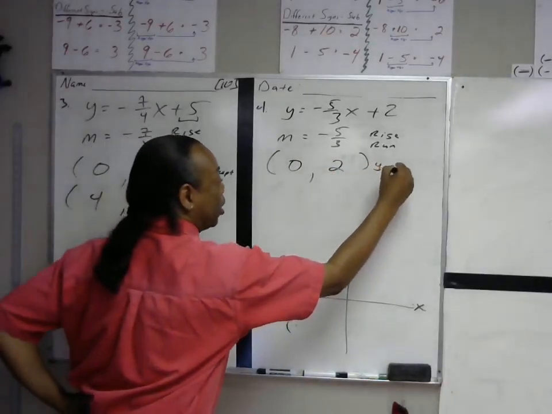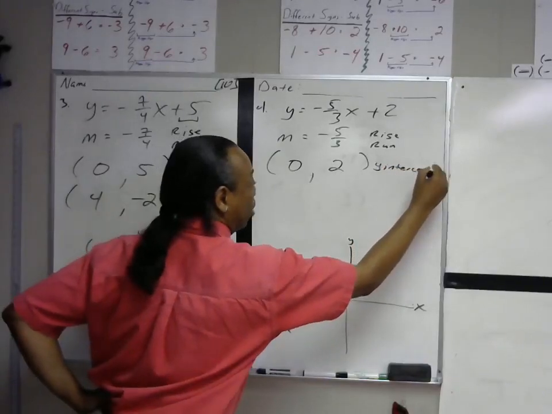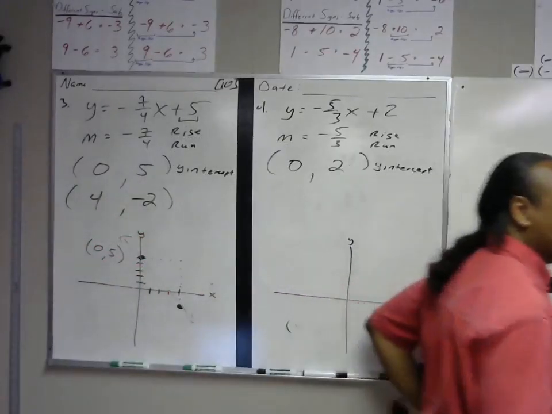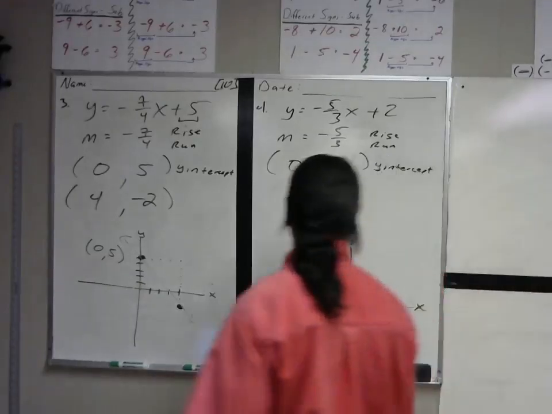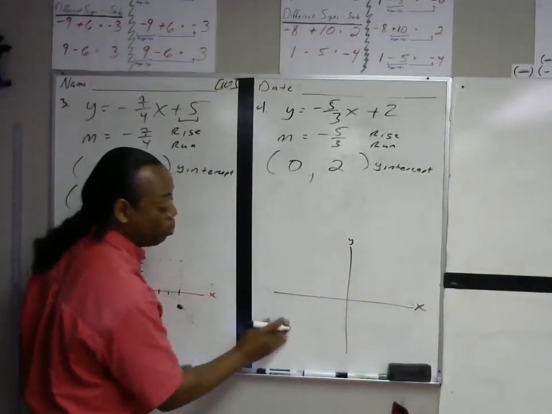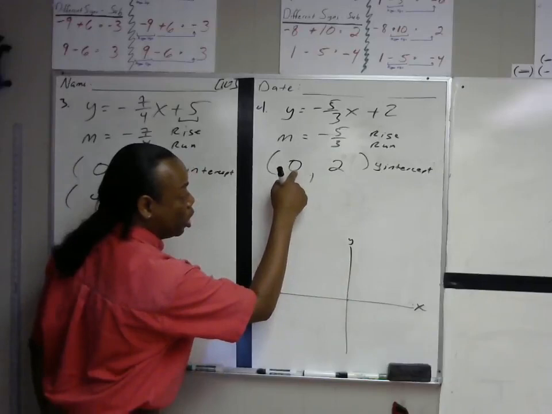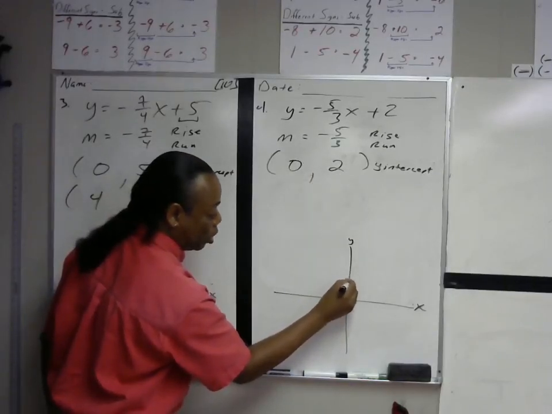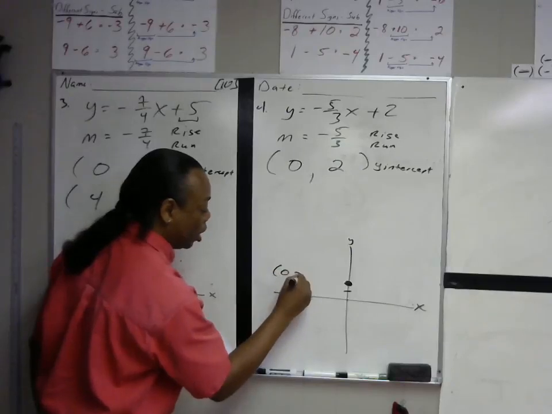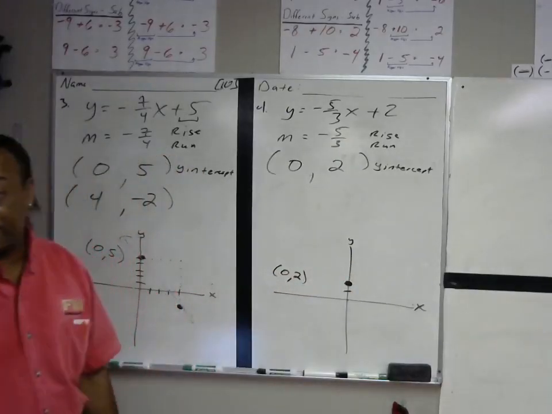That's the Y-intercept. So that gives us our first point on the graph, 0, 2. So we go to the middle, which is 0, and then we go up 2 times. And that is our Y-intercept.